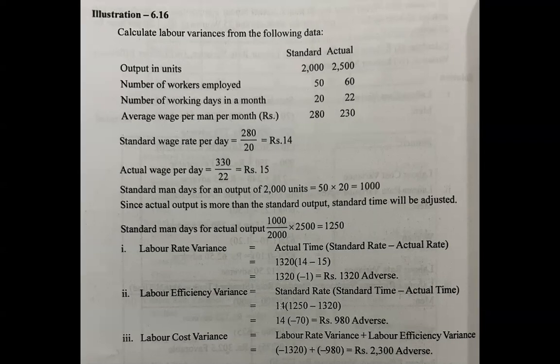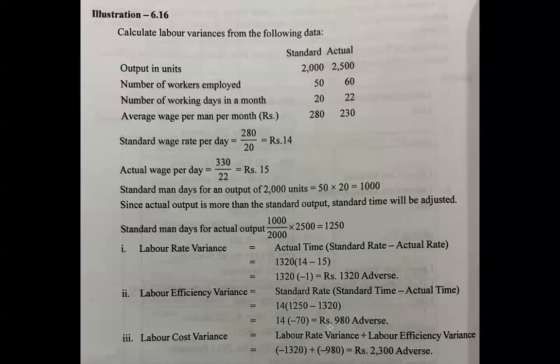So 14 into 1250, the standard time for actual output, which is calculated already, minus the actual time, that is 1320, gives you 14 into minus 70. This is a negative figure: 1250 minus 1320 is minus 70.